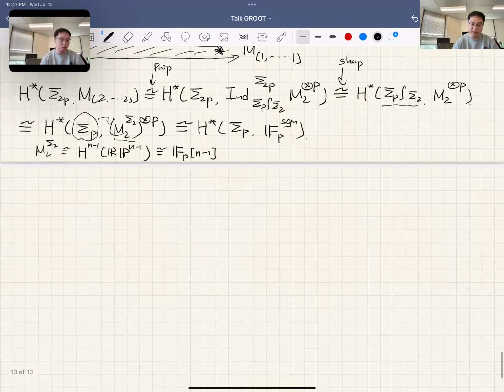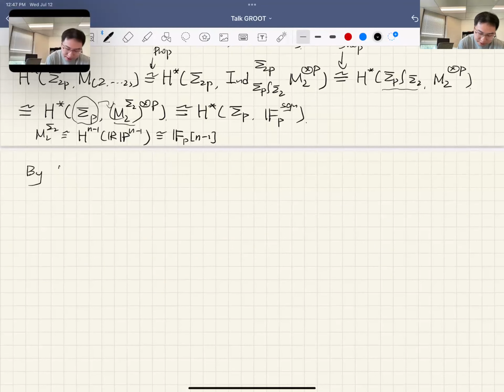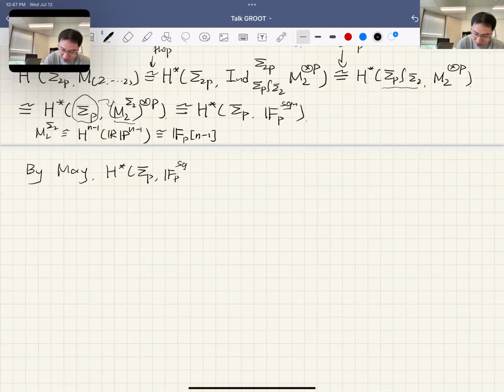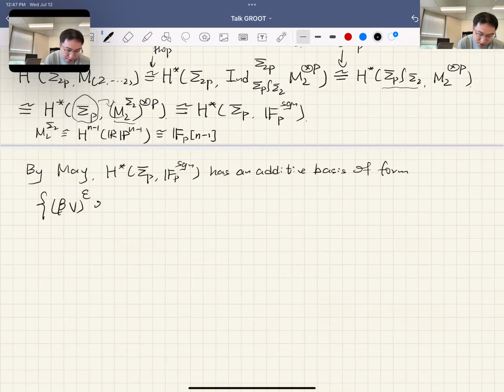Okay, so what is this? By May, H star of sigma p with the sign representation as the coefficient has an additive basis of the form beta v to the power of epsilon, beta v to the power of s, and beta epsilon v prime.